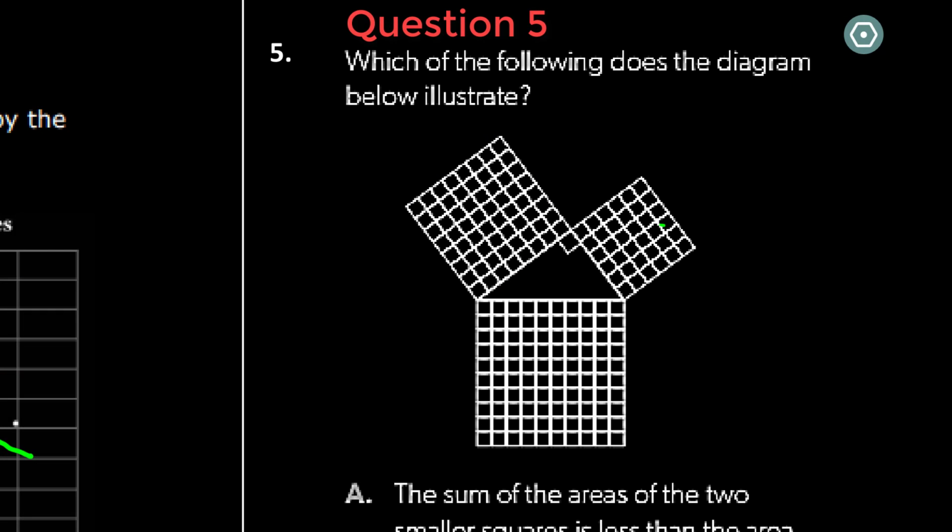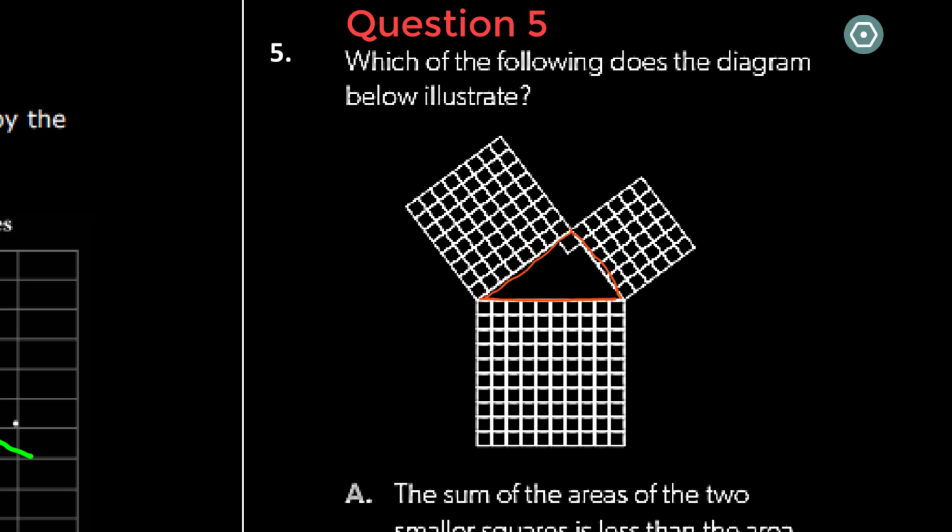Question number 5. Which of the following does the diagram below illustrate? This shape is a model of the Pythagorean theorem. Similar figures on the edges of a right triangle have some areas where the smaller areas add up to the big area.